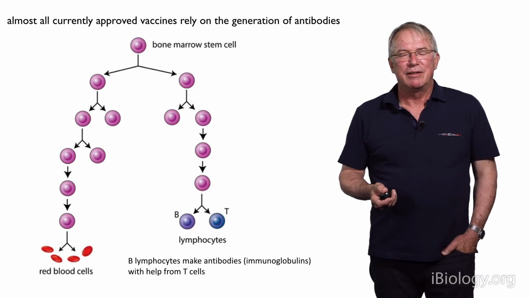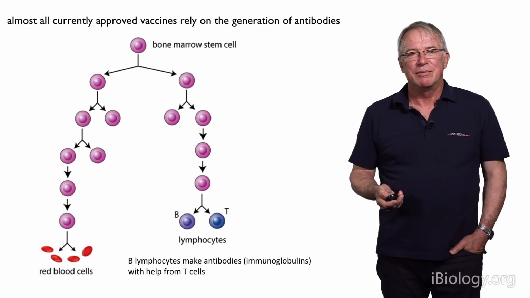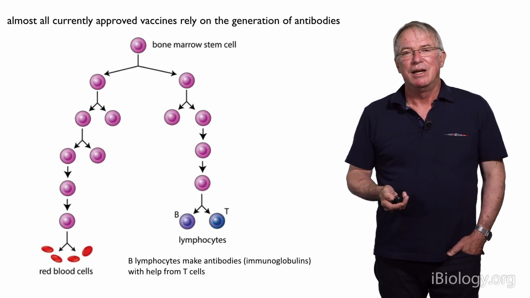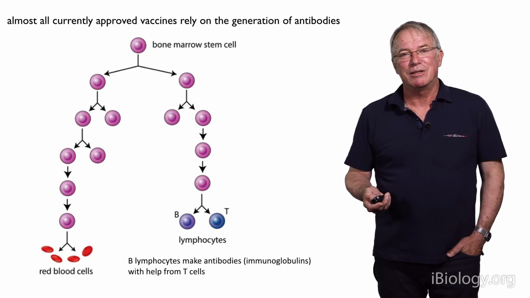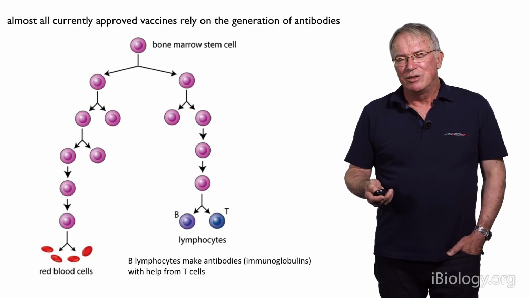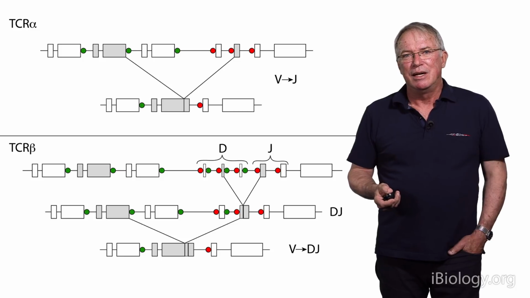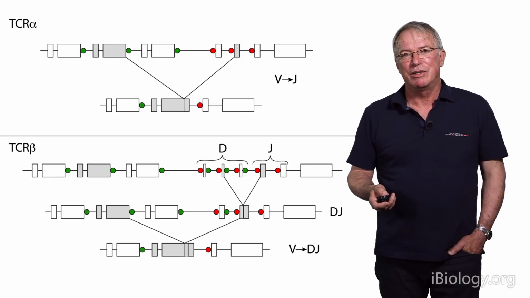I mentioned the fact that there are two major classes of lymphocytes, the B lymphocytes, which we just discussed, and T lymphocytes, which, as we saw, provide necessary help and also generate so-called killer T cells or cytotoxic T cells. They have antigen receptors very much like the B cell receptors we discussed, and they make use of very similar rearrangement processes, in fact employing the exact same enzymatic machinery.